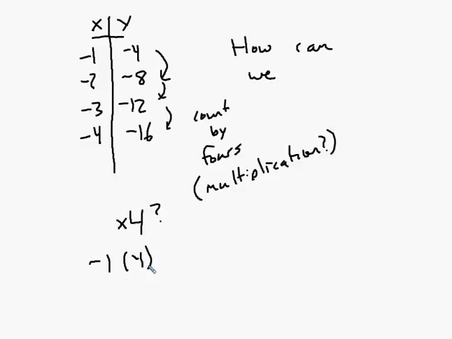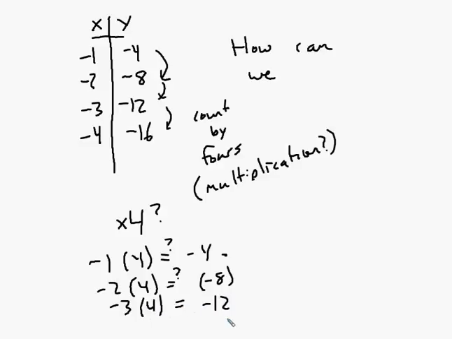So negative 1 times 4, is that negative 4? Yes. Negative 2 times 4, is that negative 8? Yes. Negative 3 times 4, is that negative 12? Yes. Okay, negative 4 times 4, is that negative 16? So it fits our data.